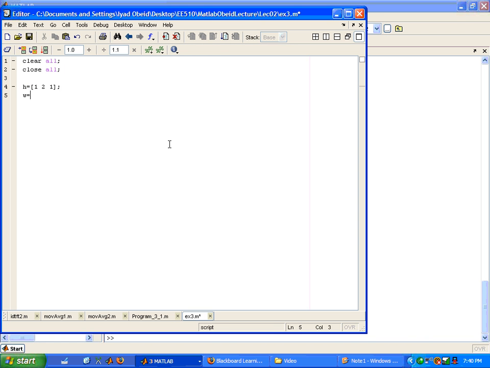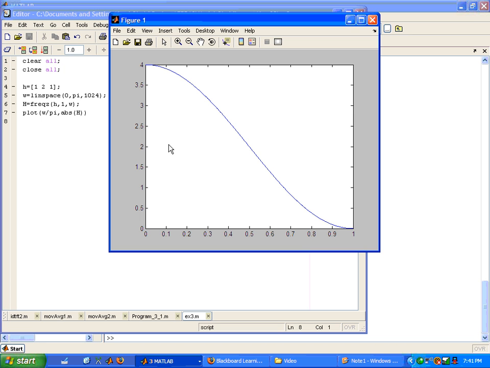I'm going to quickly type in this code again, which you've now seen about half a dozen times, for taking the Fourier transform of it. So linspace 0 to pi, and I'll take 1024 points. H equals freqz. This is an FIR filter, and plot omega over pi, comma absolute value of h. Terrific.